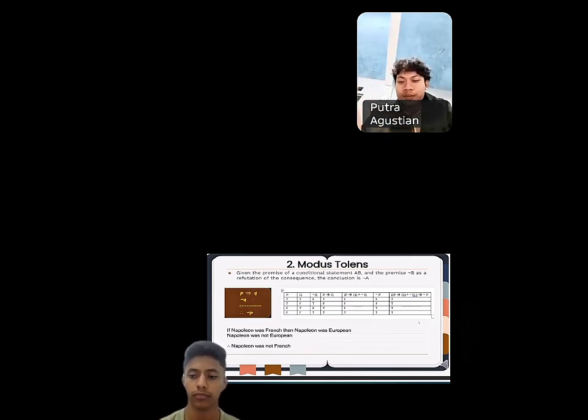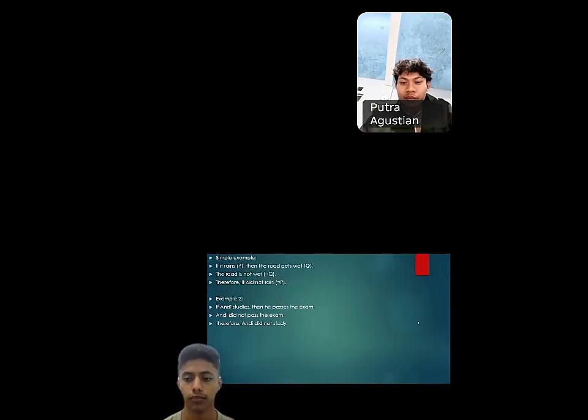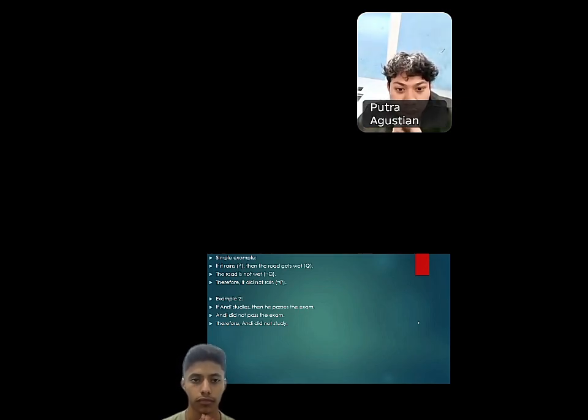A simple example: if it rains is P, then the road gets wet is Q. The road is not wet, not Q. Therefore, it did not rain, not P.